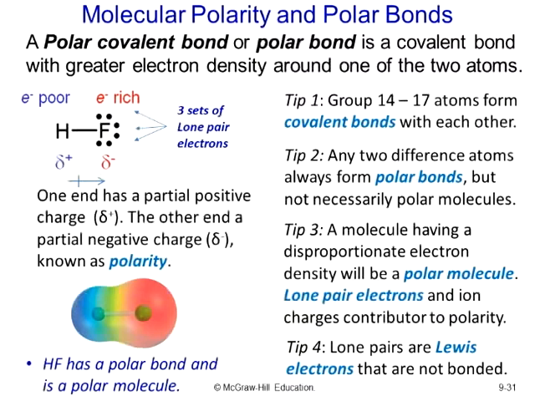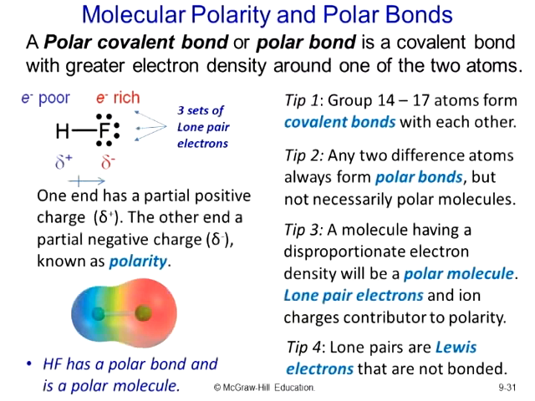Tip number 2. Any two different atoms always form a polar bond. So polar bonds are always formed by two different atoms, but not necessarily form polar molecules. We have to take it one step further to determine whether it's a polar molecule. In this lecture, you will learn how to determine a polar bond and a polar molecule.